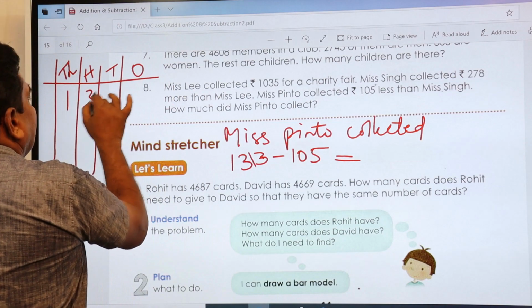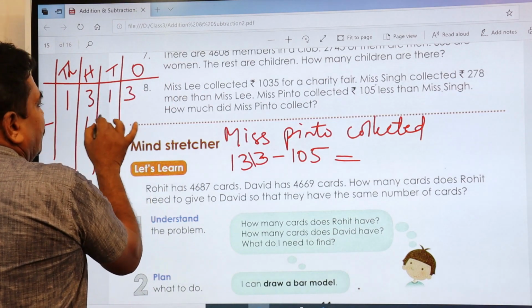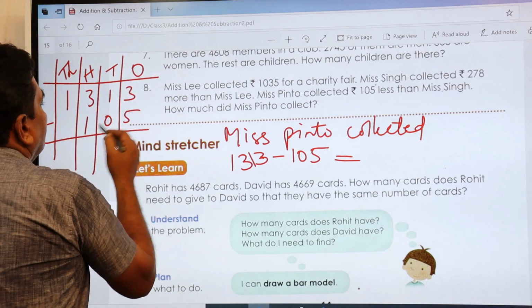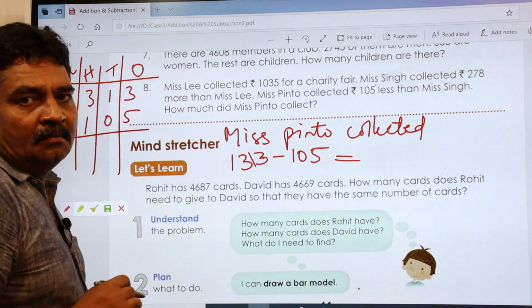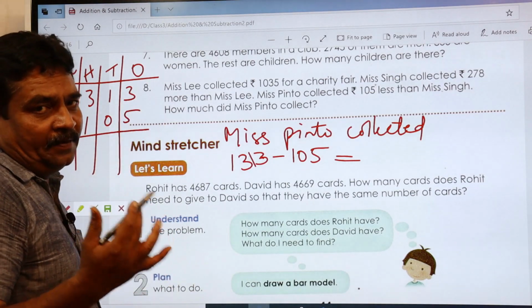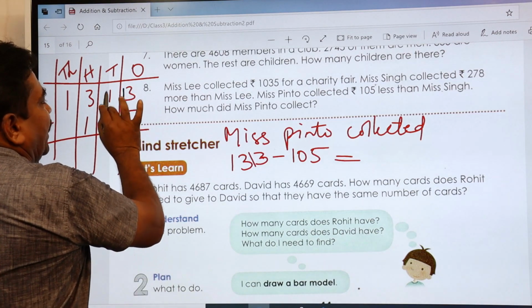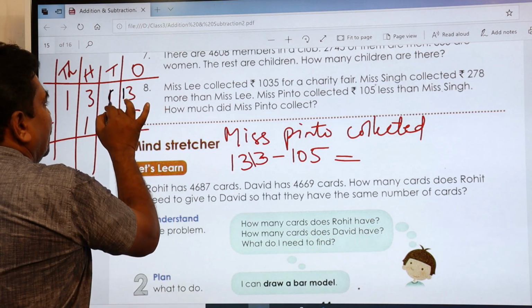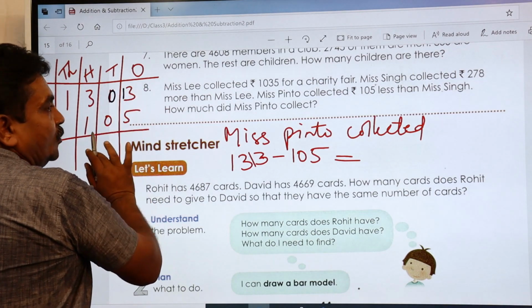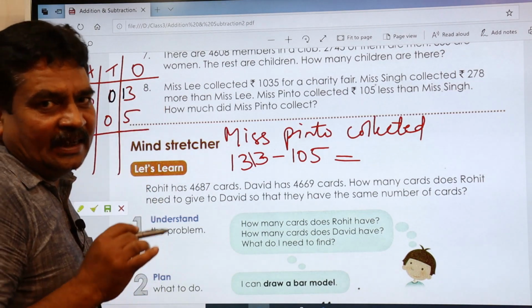1313 minus 105. So here 3, here 5. You cannot remove 5 from 3. So carry 1 from here, it becomes 13. When you carried out, this number becomes 0. Keep it as it is. First we will do this. 15 minus 5 is how much? 8.